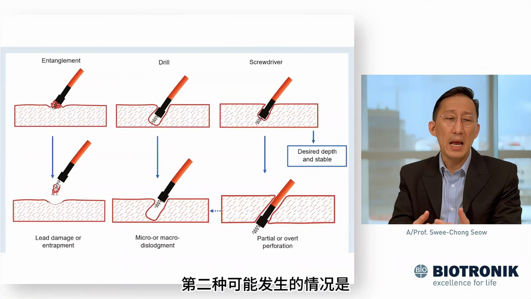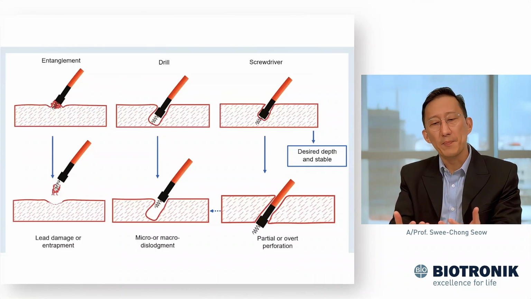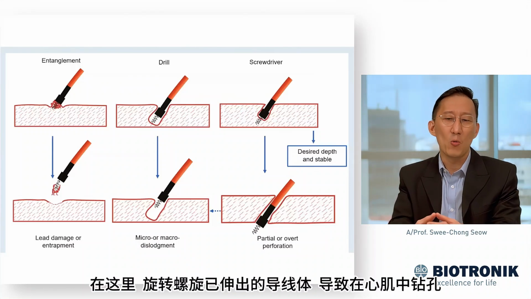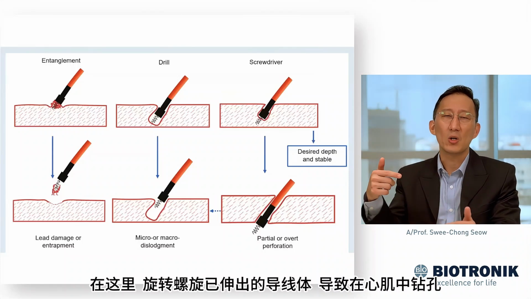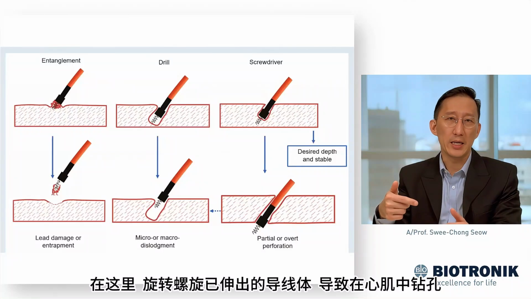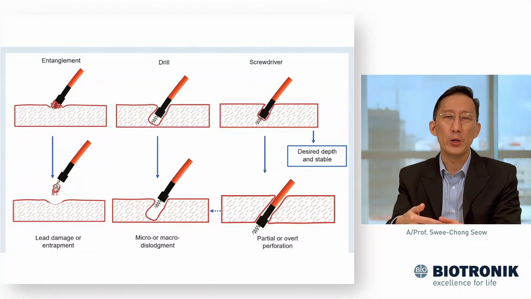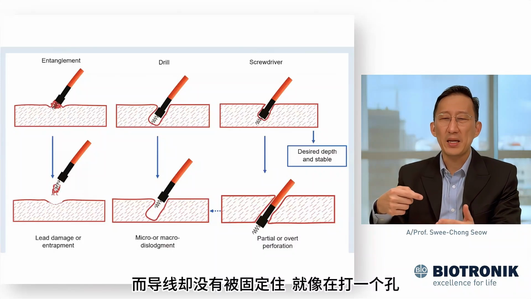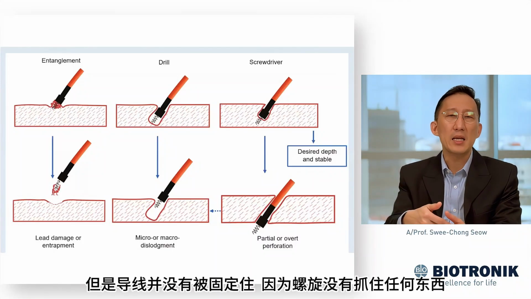The second thing that can happen is what the consensus statement has described as a drill effect, where in effect, rotation of the lead body with the helix extended results in coring a hole in the myocardium without securing the lead. So it's like making a cavity, but the lead doesn't stay because there's nothing to hold it there.